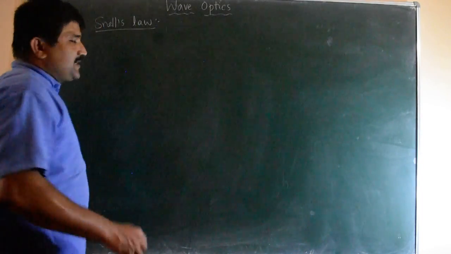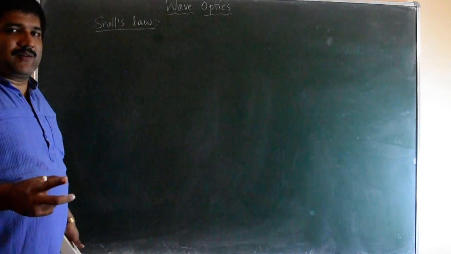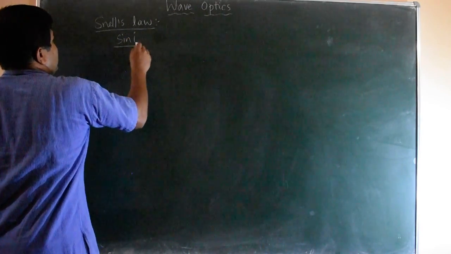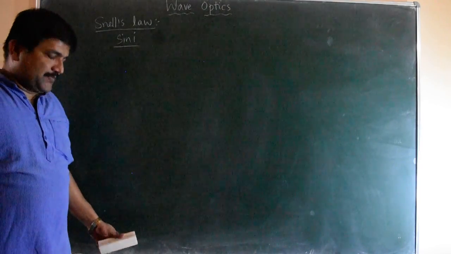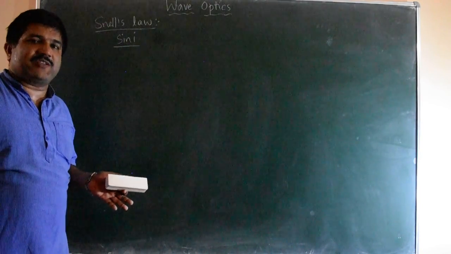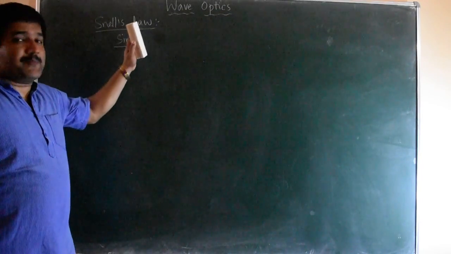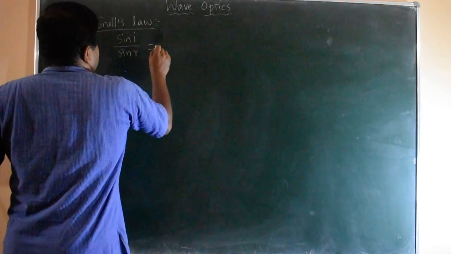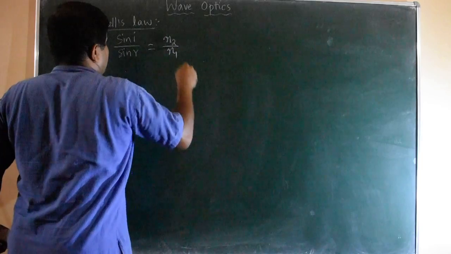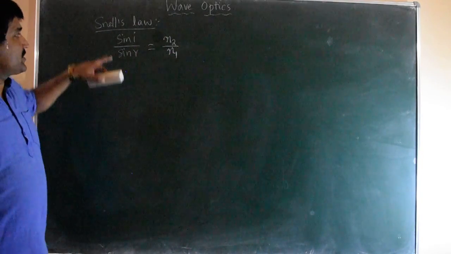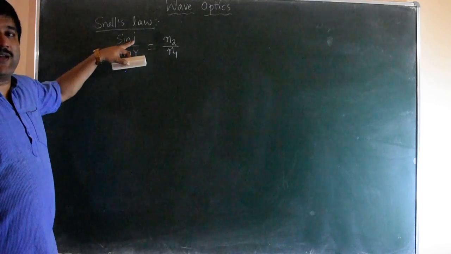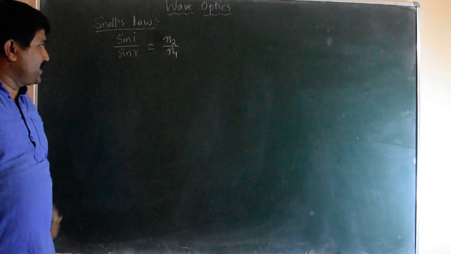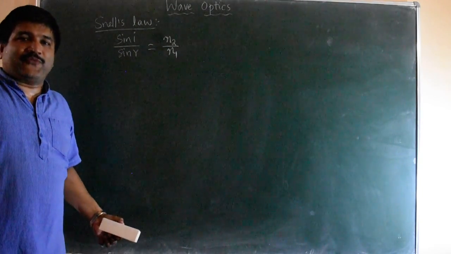That is, whenever light travels from medium 1, where the angle of incidence is i, to another medium where the angle of refraction is r, then the ratio sin i by sin r equals n2 by n1, where n1 is the refractive index of the first medium where i is the angle of incidence, and n2 is the refractive index of the second medium where r is the angle of refraction.